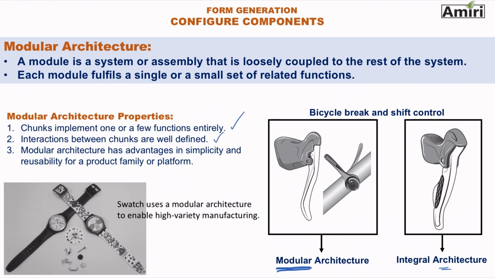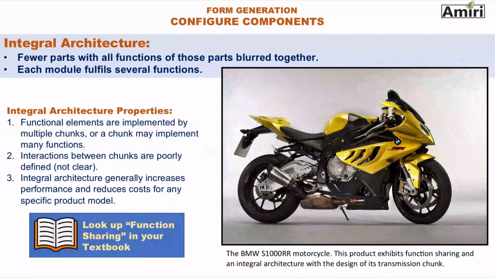This is good when you have a lot of product variety, or you're working on platform products. Another good example of it is Swatch watches. They use a lot of similar design components across a variety of different models. So these are good examples of it.